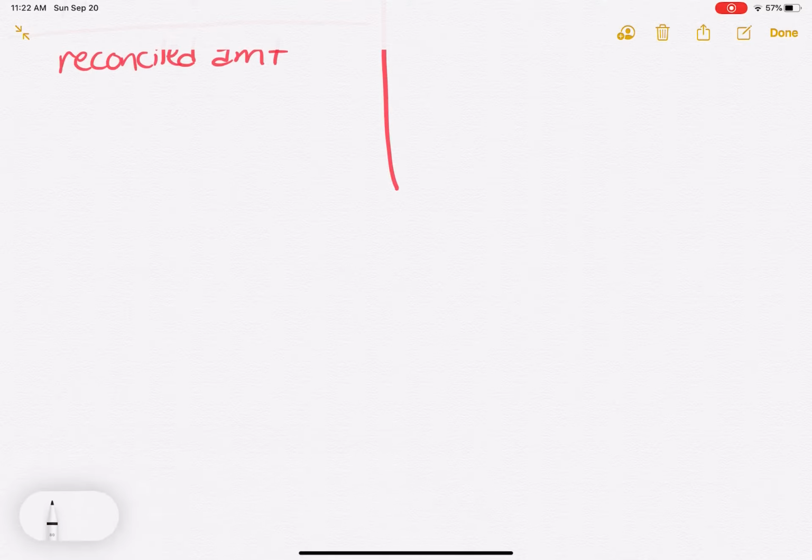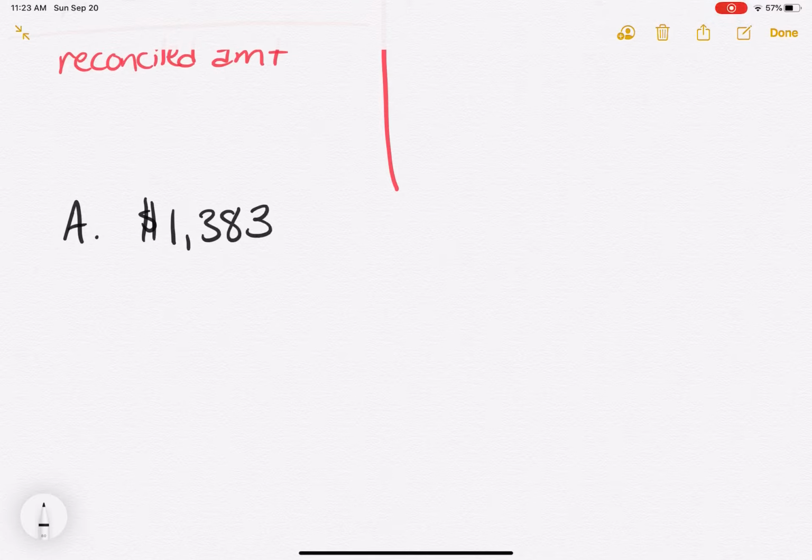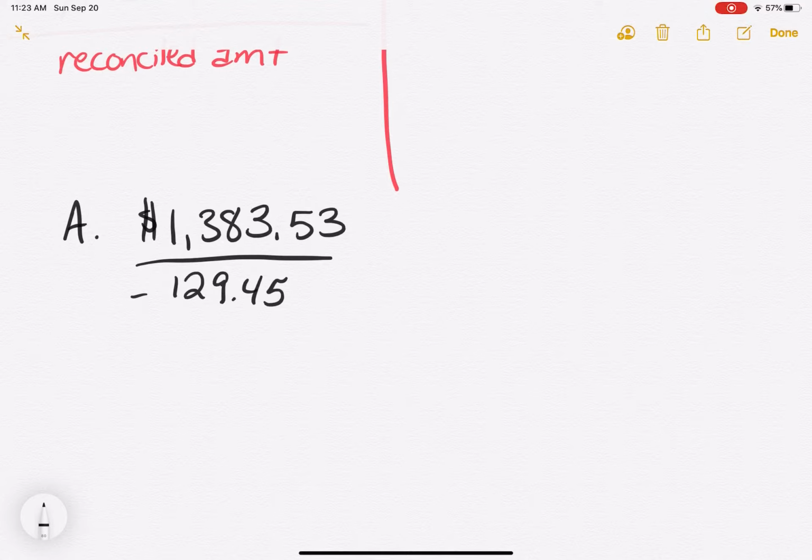Okay, so taking that, let's go ahead and solve A. So it says Maria's bank statement showed a closing balance of $1,383.53. No outstanding deposits, so I'm just going to put a line so I know there's no deposits, and 2 outstanding checks. So I'm going to subtract out 129.45 and 87.39.